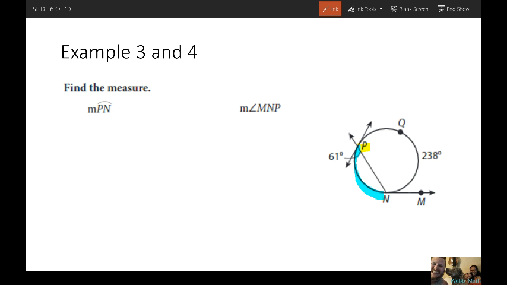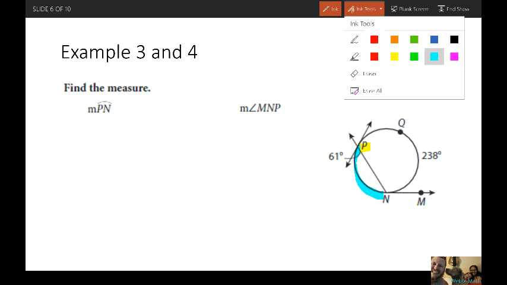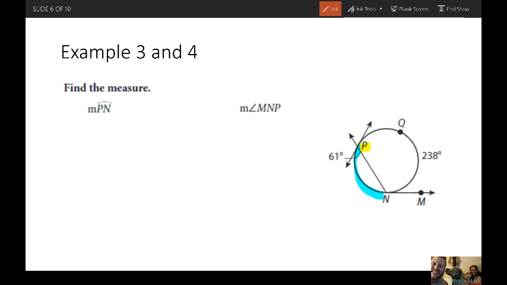All right, so let's go ahead and find our arc. So we set up our algebra. Remember, angle P was given to us, and that equals half of our arc that we're looking for. So angle P was 61 degrees. Fabulous.